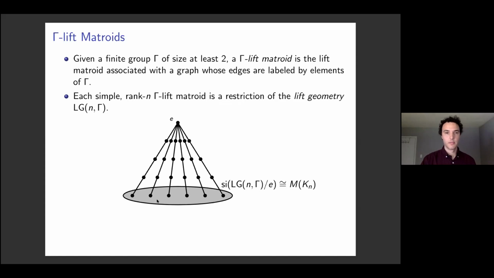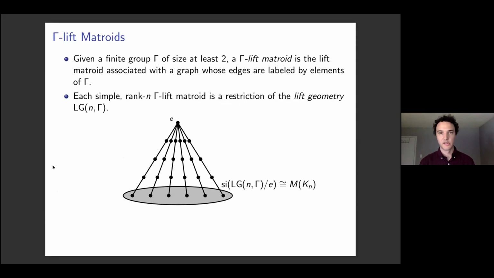And each line through this element E has size equal to the size of gamma. Okay, so in this example, this is a lift geometry of rank 4, right? Because K4 has six elements, and the size of gamma is 4 because each of these lines has length 4 plus 1.